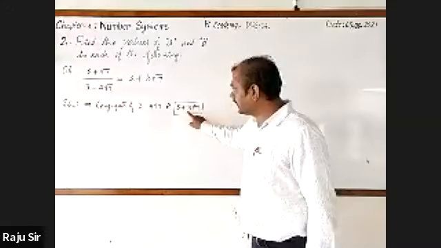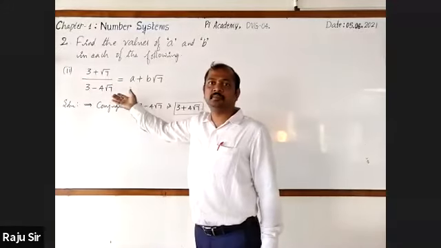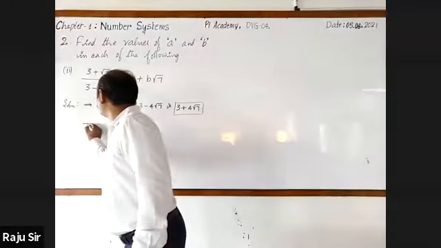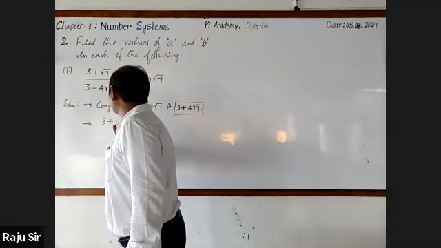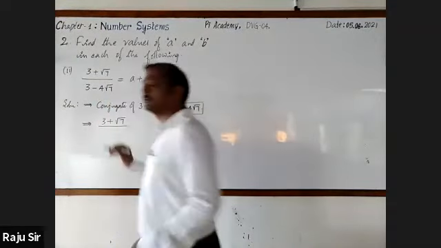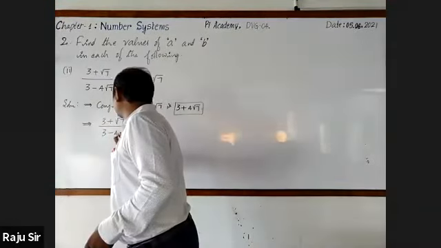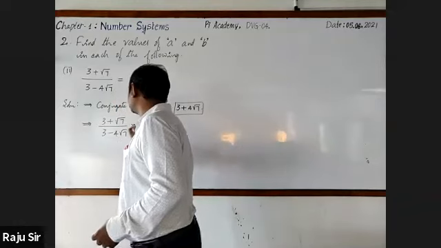Multiply the conjugate to the numerator and denominator. Very good, such a simple thing it is. So 3 plus root 7 as b divided by 3 minus 4 into root 7 as b.